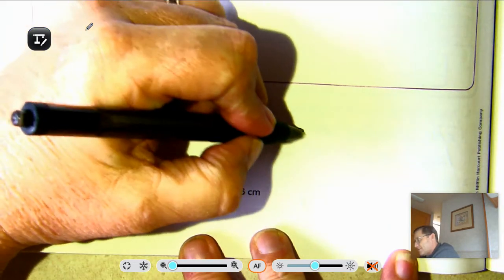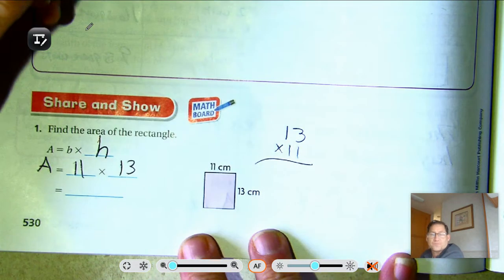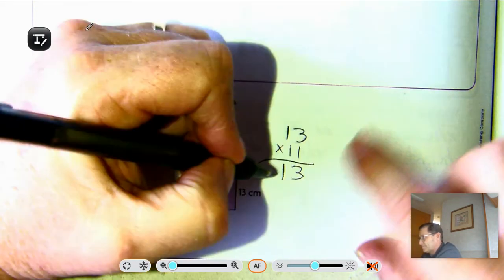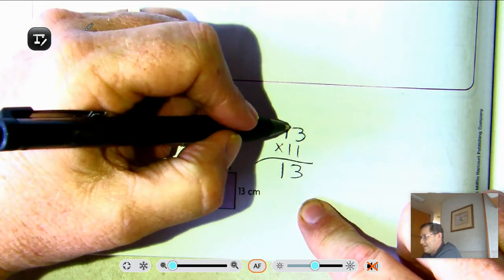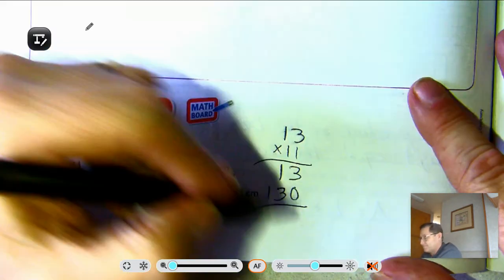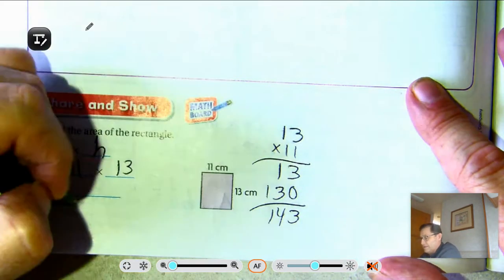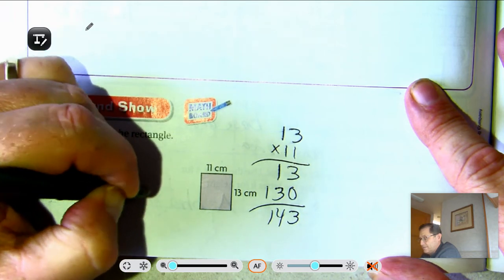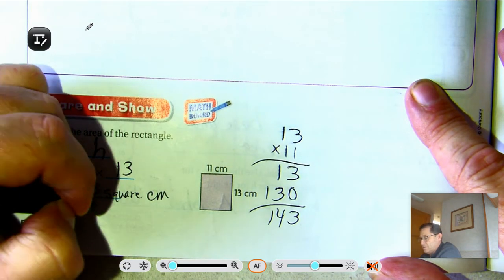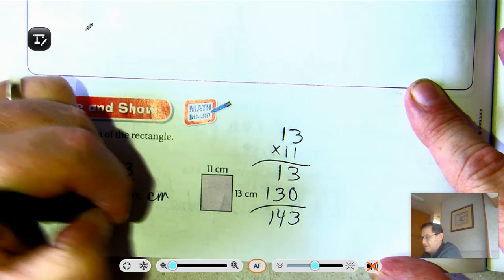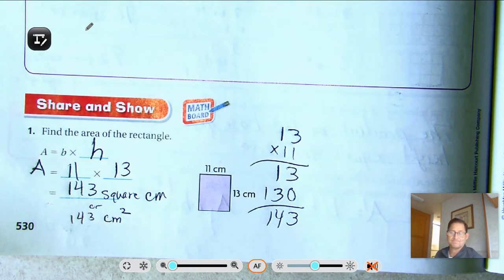Let's multiply that. 13 times 11. 1 times 13 is 13. 10 times 13 is 130. So we get 143 square centimeters, or you can see it written as 143 centimeters squared.